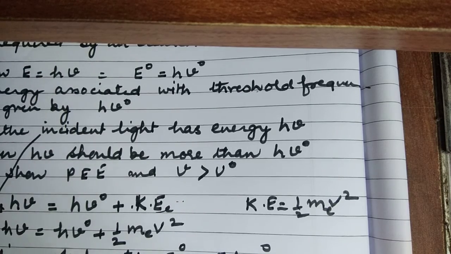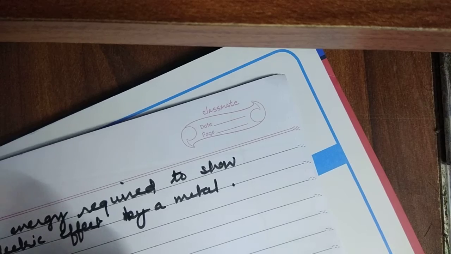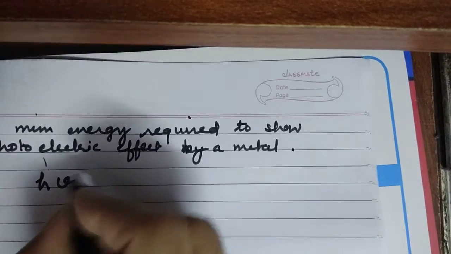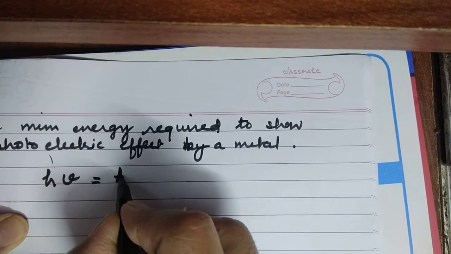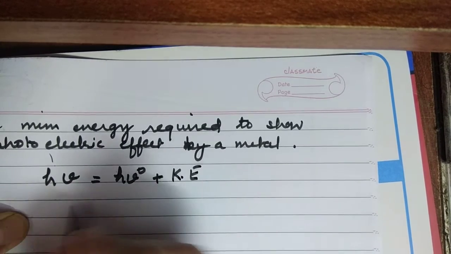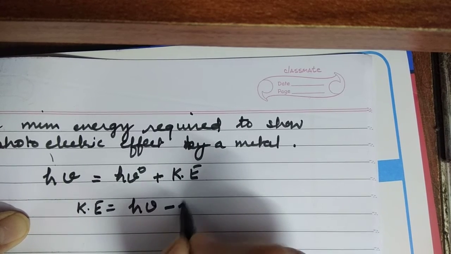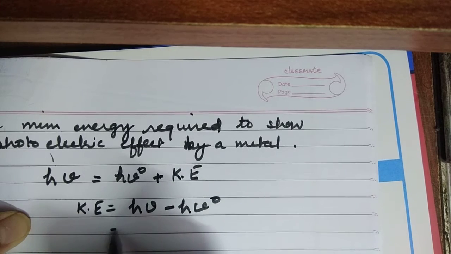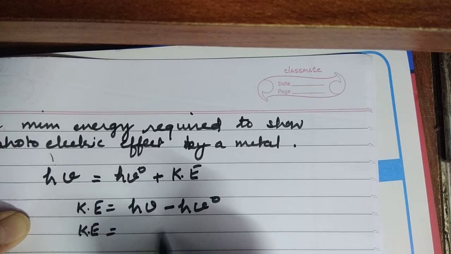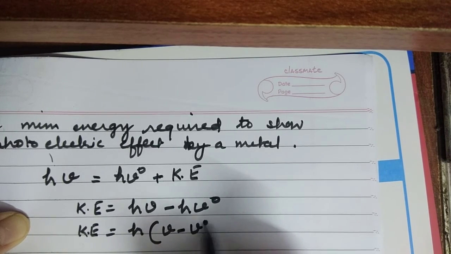Now suppose you are asked to find what will be the formula for calculating the kinetic energy. तो हमारे पास relation है h nu is equal to h nu 0 plus KE. अगर मुझे KE निकालना है तो KE will be equal to h nu minus h nu 0, or I can say KE is equal to h into nu minus nu 0.